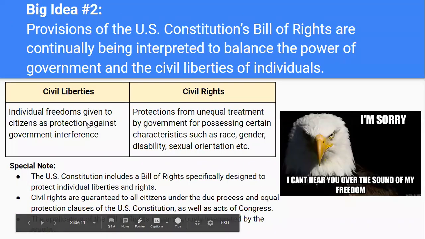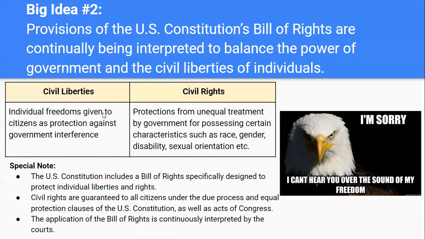All right. Civil liberties, civil rights, talked about these. This is important. Civil liberties are protections we have against government interference that, like I mentioned before, Congress shall not establish a national religion. That is a protection that Congress won't force religion on us.